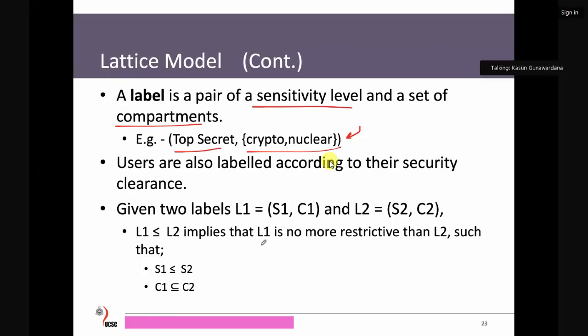Given two labels, L1 and L2. Let's say L1 has sensitivity level S1 and compartment C1, and label L2 has sensitivity level S2 and compartment C2.